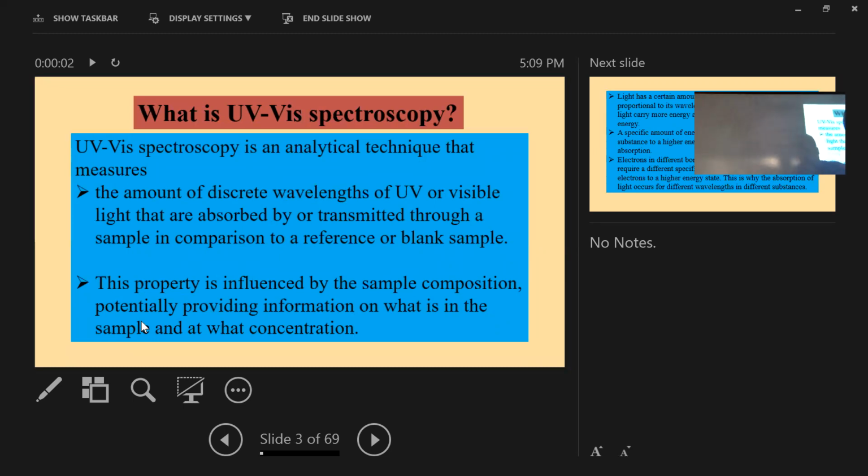This is my UV light, visible light, is it? Now, if I put this light through this one, maybe it is not very clear. You can see something? That means this substance is not completely absorbing all the light.